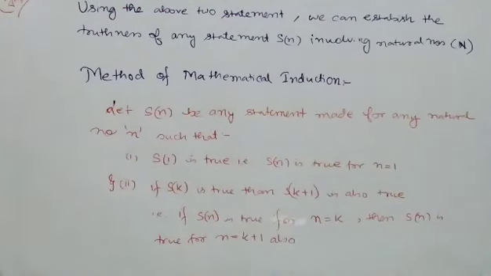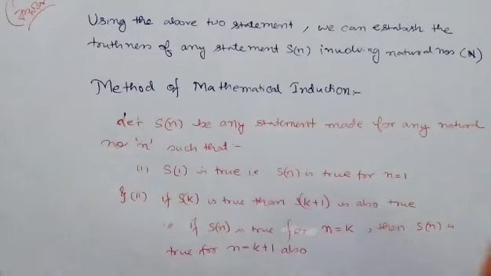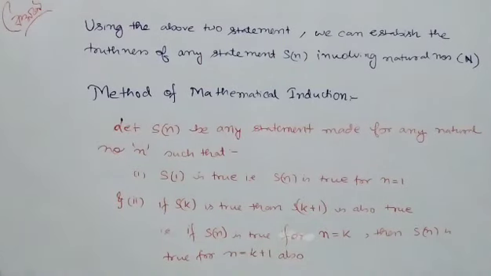So the mathematical induction method for verifying a mathematical statement involving natural numbers states that if the statement Sn is true for n equal to 1, and if we consider that it is true for n equal to k, then it must be true for n equal to k plus 1.